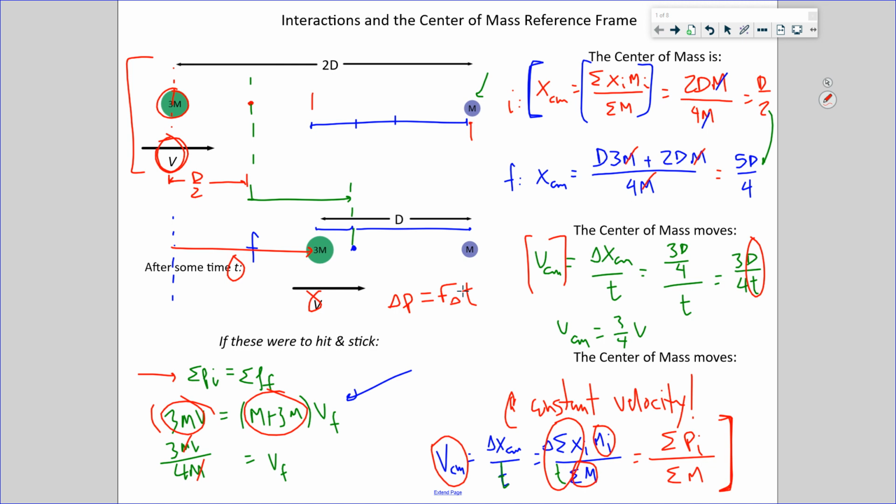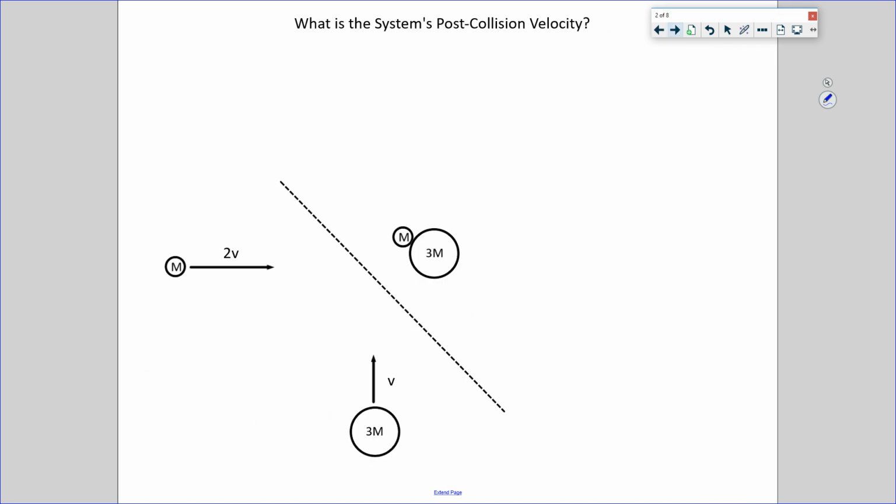But if there are two forces applied to two different objects that are equal and opposite, for the same amount of time, it means that the net delta p is 0, which is the same thing as saying that the center of mass moves at a constant velocity, or with constant momentum. Momentum is conserved. Fair enough?